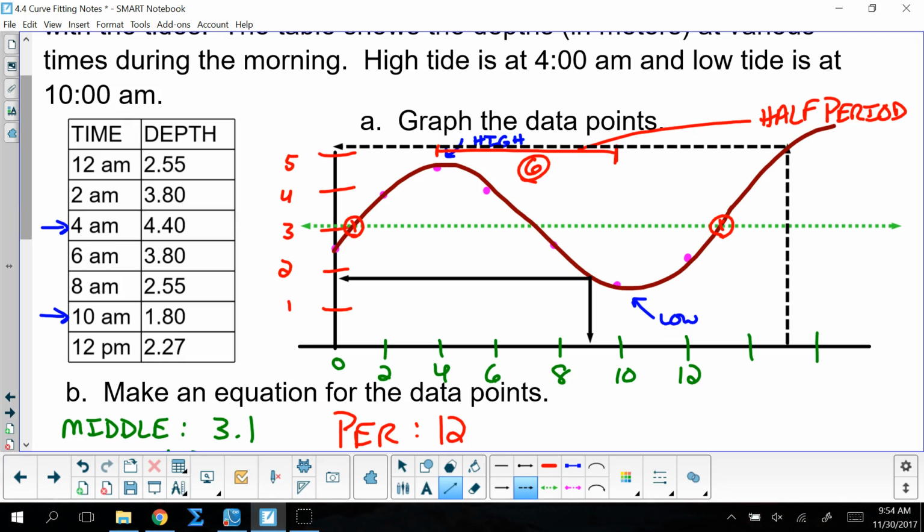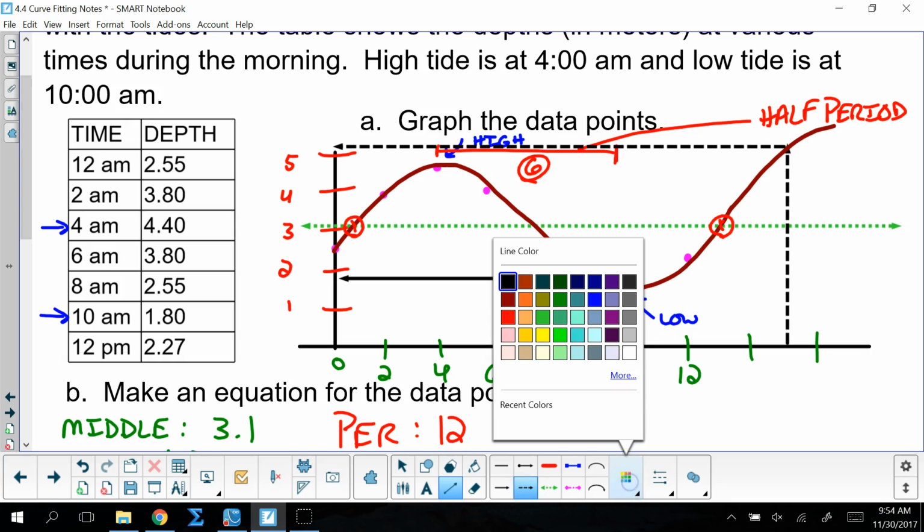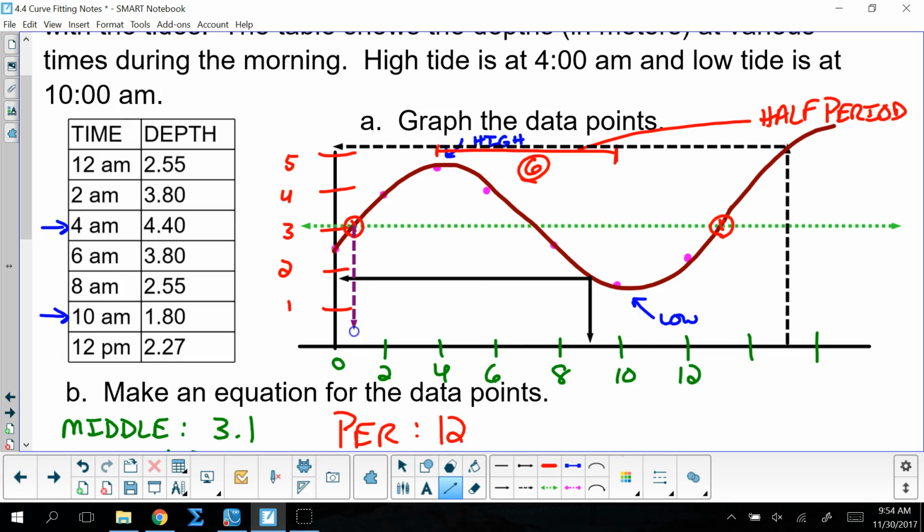So we need basically where the depth of our water is above our middle line. Okay? So that would be, let me go into a different color scheme here. Haven't really used purple yet. So that would be here and then to there.